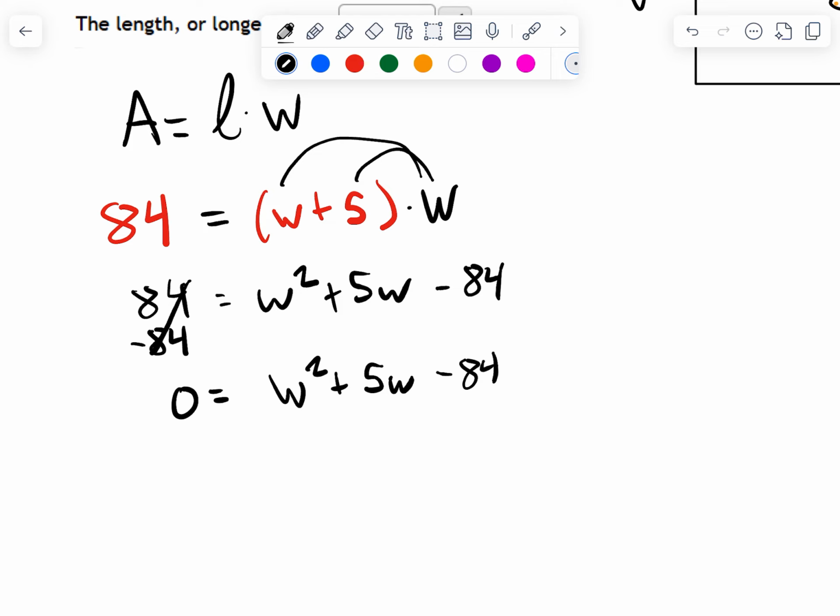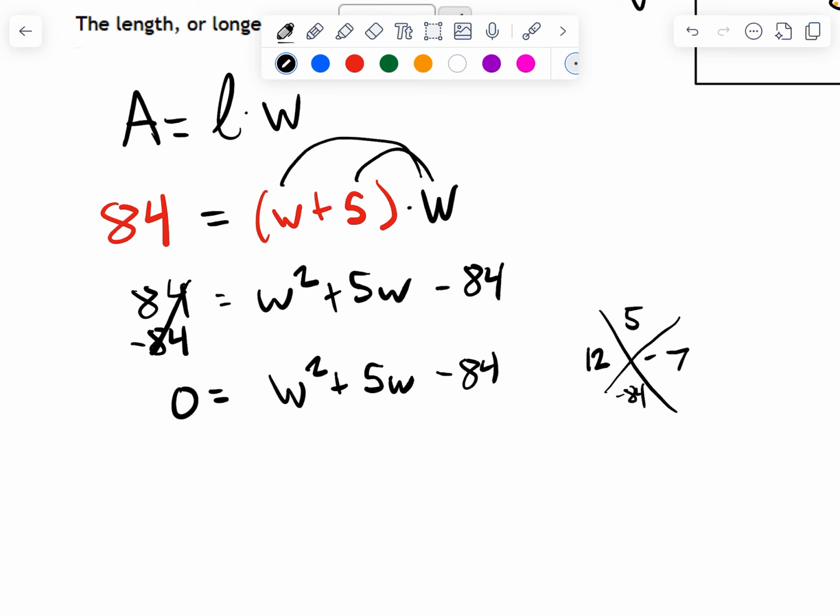Now, you can solve this using any method that you know for quadratics. I prefer factoring, so I'm going to ask myself, okay, what multiplies to negative 84 but adds to 5? Okay, well, what about 12 and negative 7? Yeah, that works. Excellent. So 12 minus 7 is 5. 12 times negative 7, negative 84.